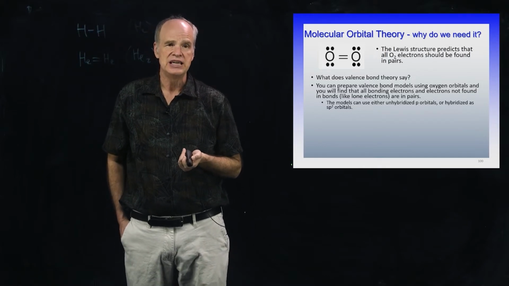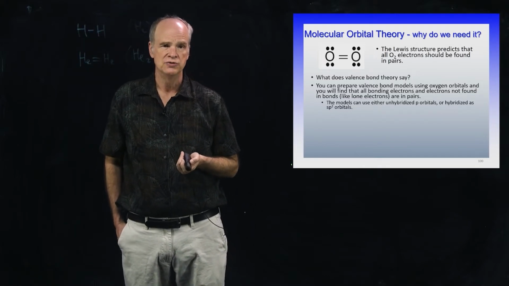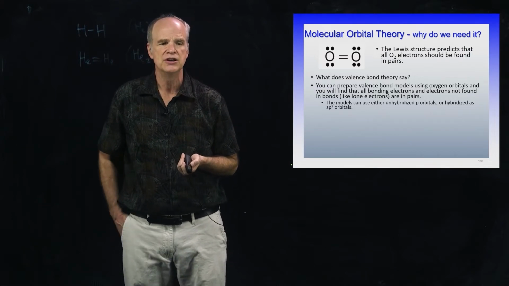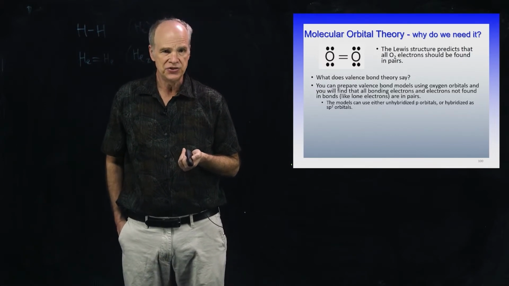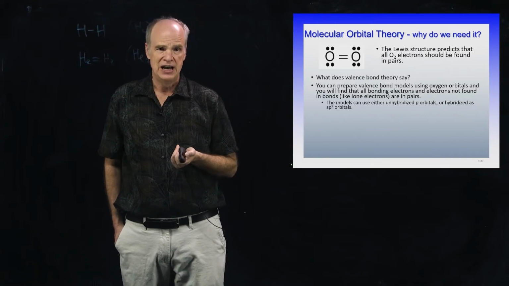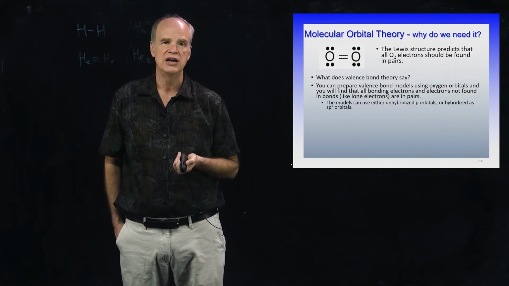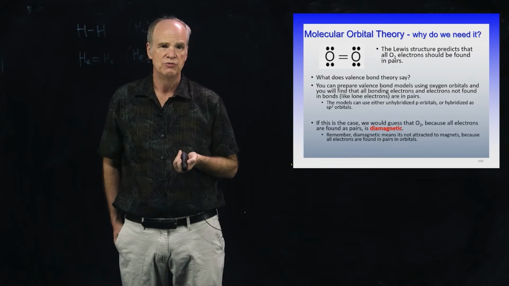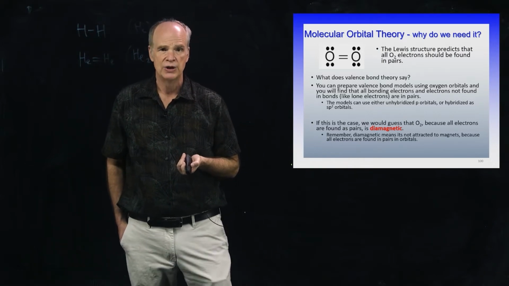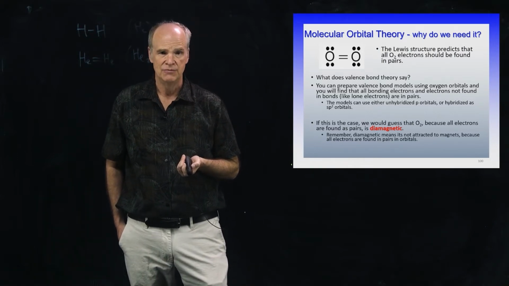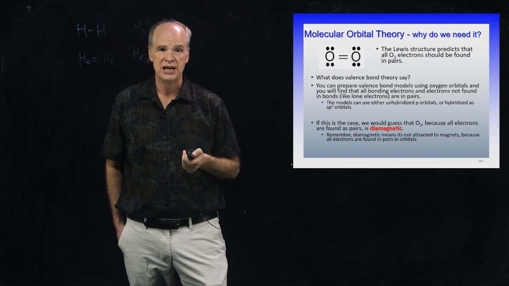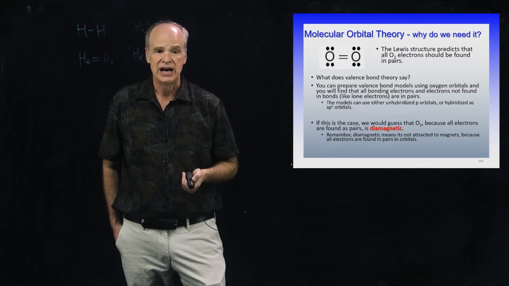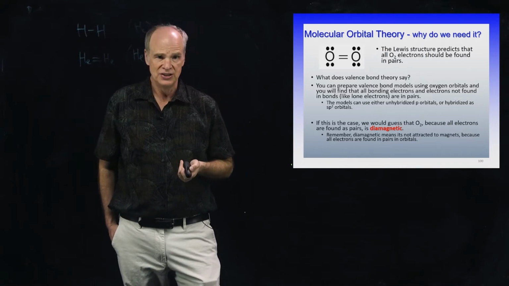Also, each oxygen atom has 2 lone pairs, but the thing I want you to notice is that in this structure all electrons are found in pairs, whether they are lone pairs or pairs in bonds. In this molecule we never have a single electron in an orbital by itself, but electrons in pairs. Because of that, we would expect the molecule to be diamagnetic.